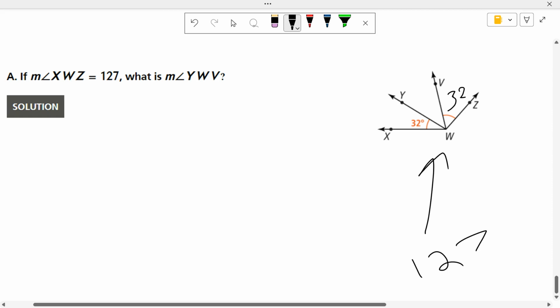What is left for that middle? How much is left for the middle? 127 minus 64, and you get 63. You get 63.